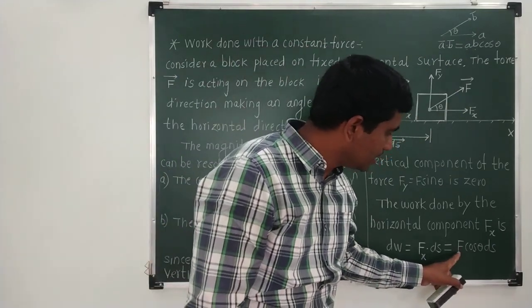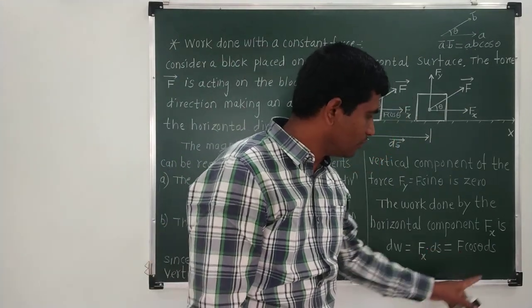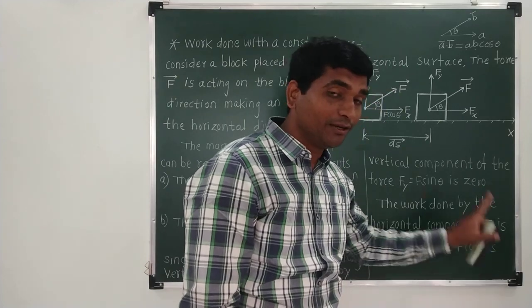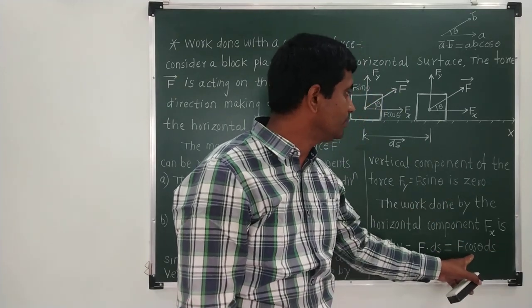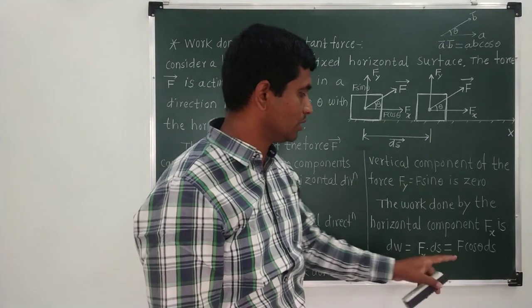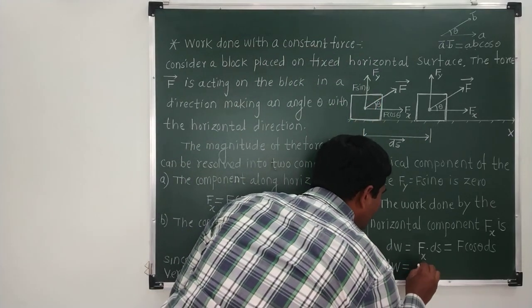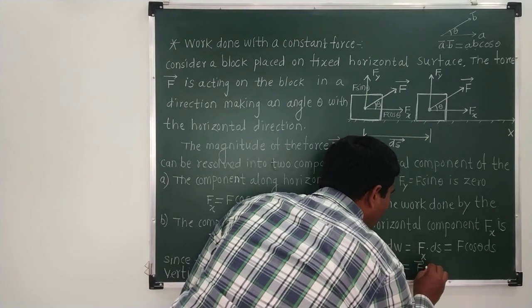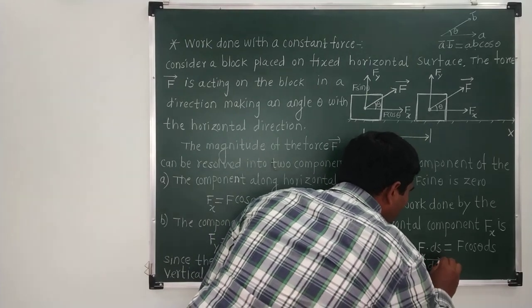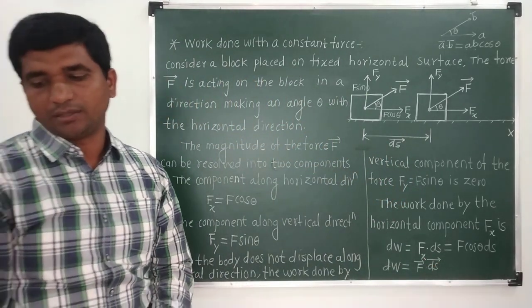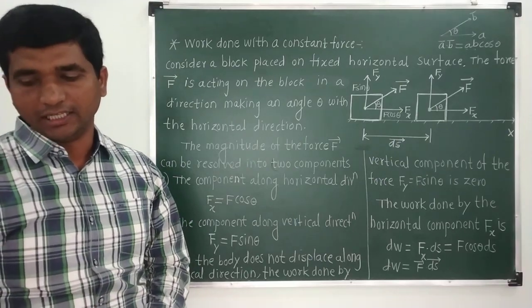Similarly here, F is the magnitude of the force, ds is the magnitude of the displacement, and the cosine of the angle between them is given over here. So this quantity is nothing but dW is equal to F bar dot ds bar.